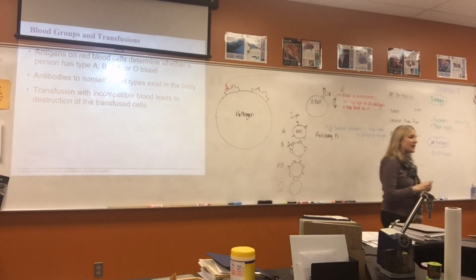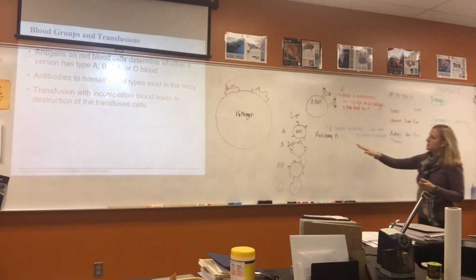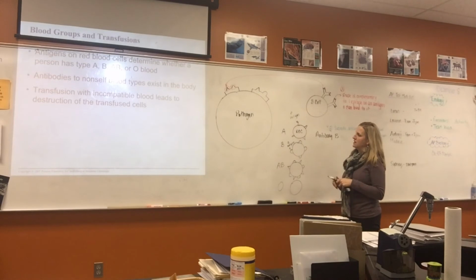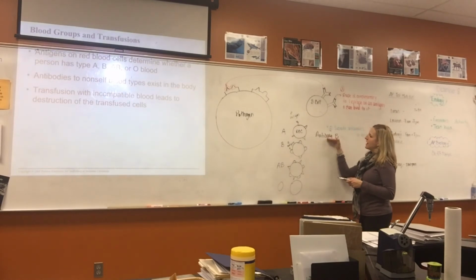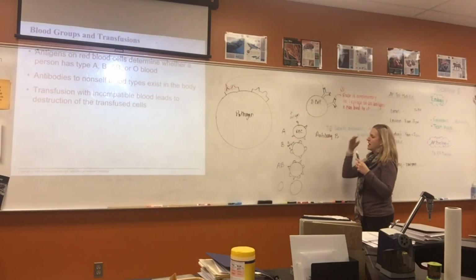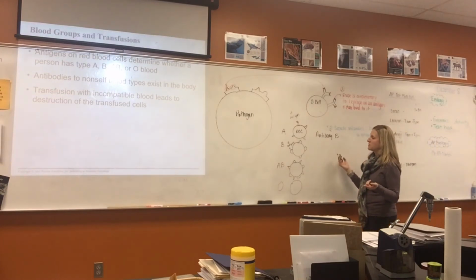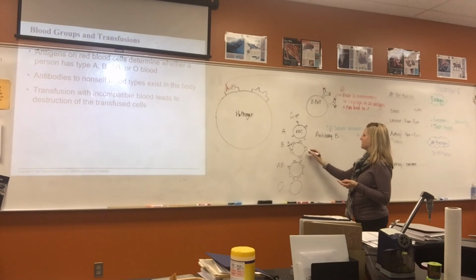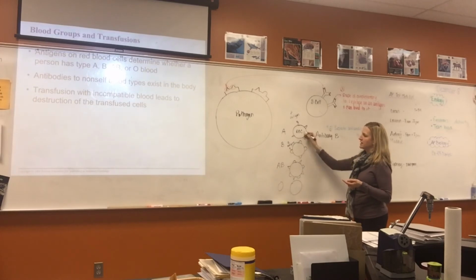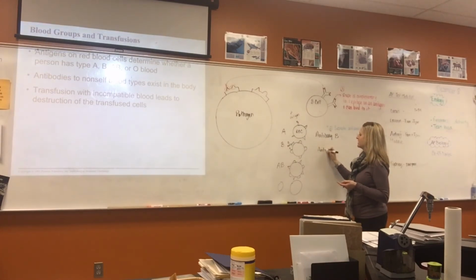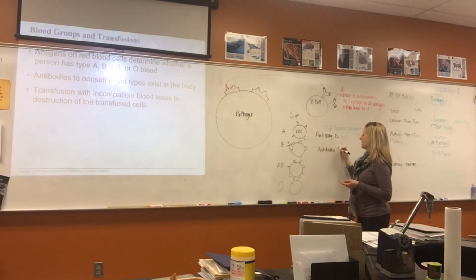You can't put type B blood into a type A blood person. There are antibodies that will bind to it and clump the blood, and you have adverse and sometimes fatal side effects. Likewise, with B blood you can't put A blood into B blood because they have the B antigens and they have antibodies against A blood.